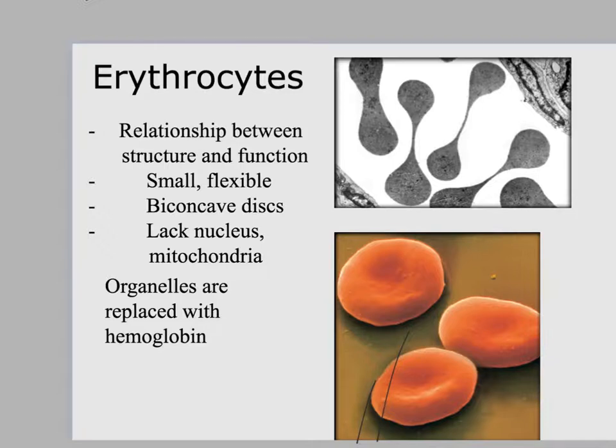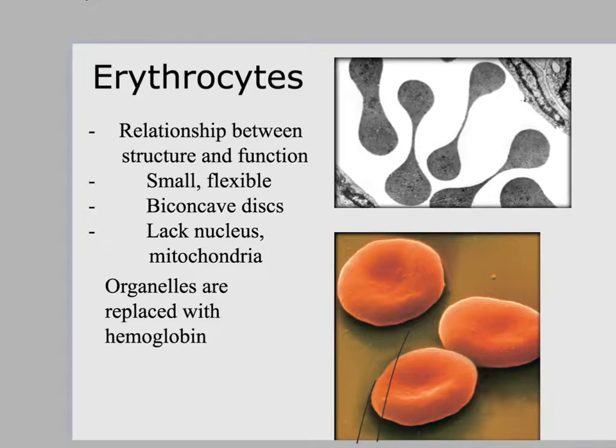Transport oxygen. And we're going to talk about the structure of the erythrocytes with that in mind, that their job is to transport oxygen. So their structure is going to be modified such that they are the most efficient at doing that job. Understand that? Okay, good. These are small, flexible cells.